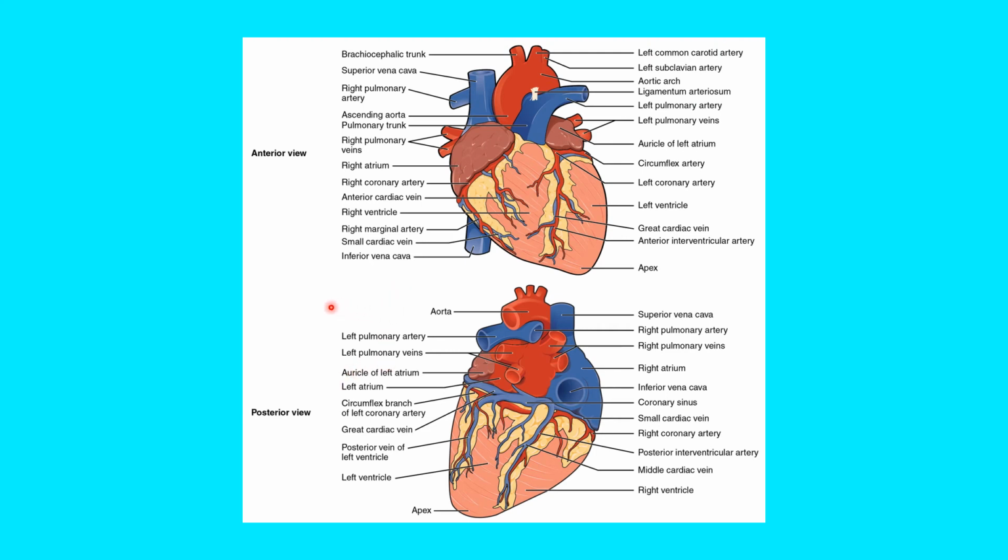So if we look at this diagram of the heart, I know there's a lot of stuff on here, and I'm going to have this same picture throughout because I'm going to be pointing out different things. But looking at the surface features that we just mentioned, the auricles, these little flaps. When you do a heart dissection, you notice they look like these little extra pieces on top. They're actually part of the atrium.